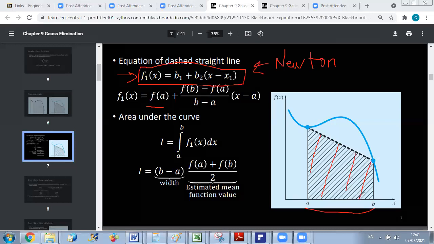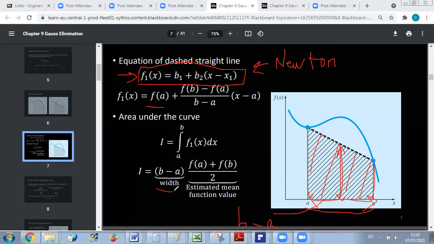Now, the integral will be equal to this area under the curve, and we know that the area of a trapezoid can be calculated as the base, which is this length here, times the average height. So here the base width is b minus a, and the average height is the small height plus the big height over 2.